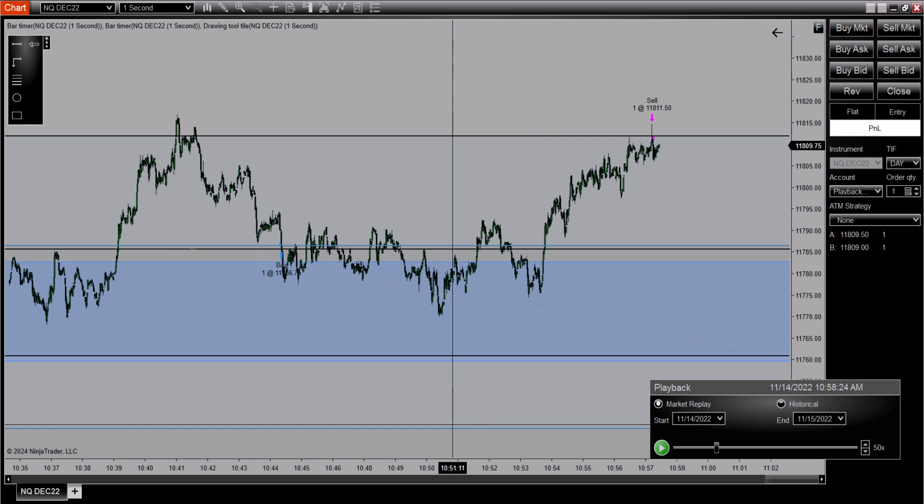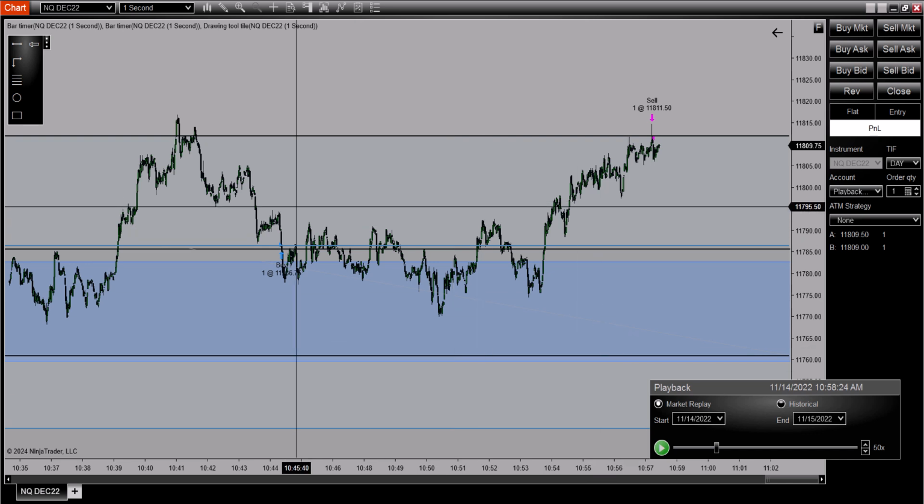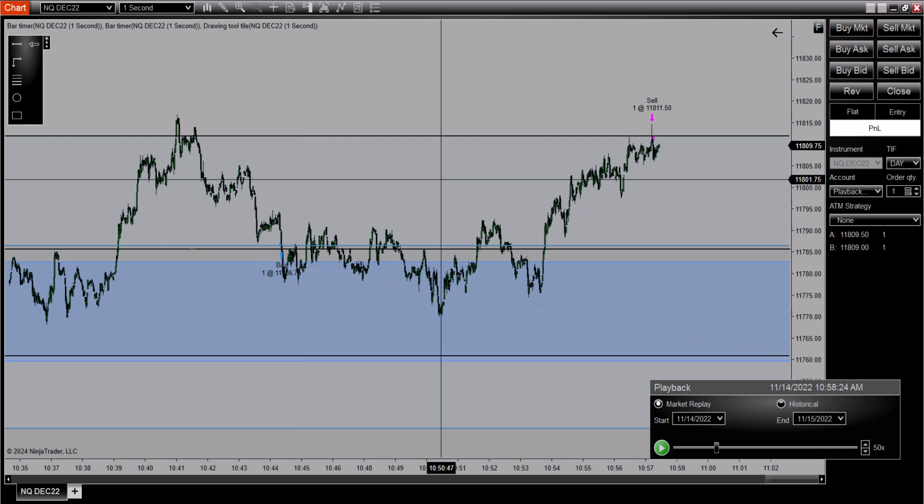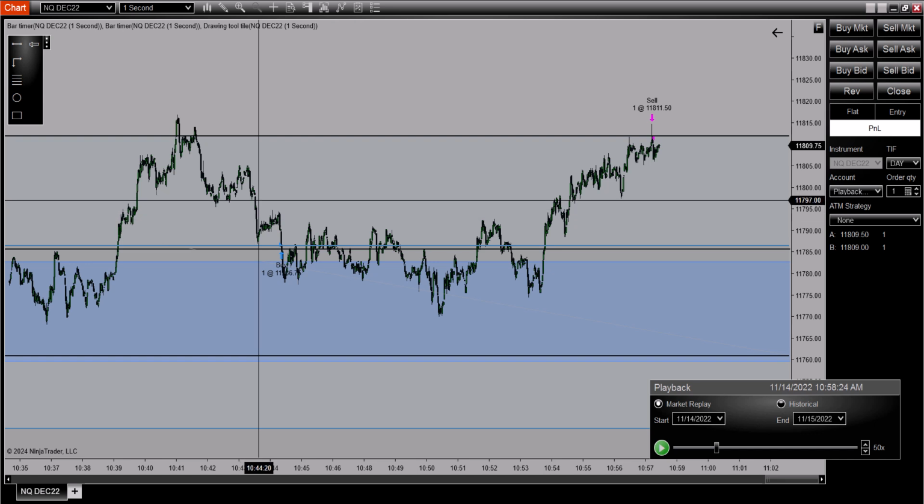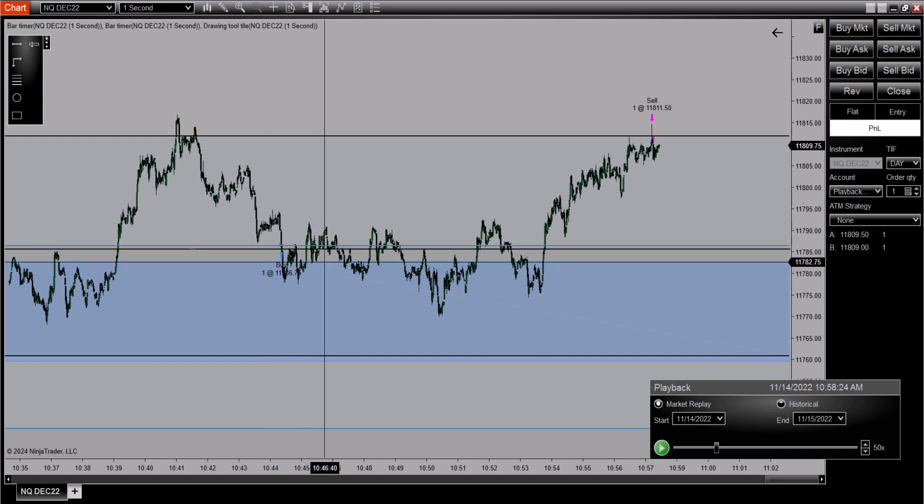So let's analyze this trade once again. Let's take a step back and analyze what happened on the 1 minute, on the 5 seconds, and here on the 1 second. Pretty interesting price action happened here on the 1 second time frame.